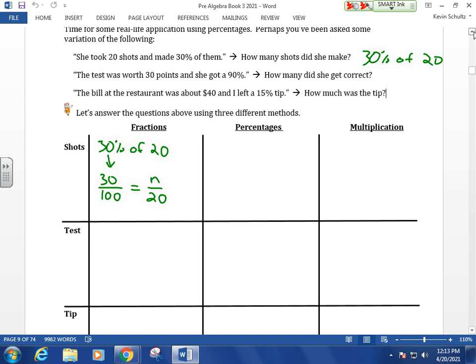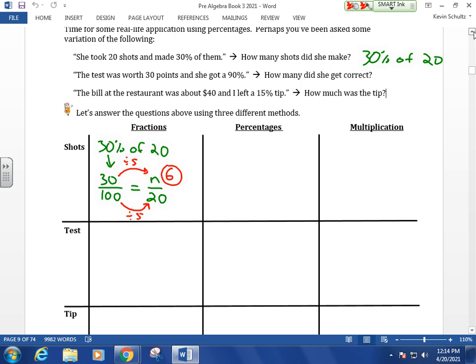And in this particular setup, we can use scale factor, we can use cross products, we can simplify a lot of different options here, but it's probably easiest, or most efficient, I should say, to see that the scale factor from 100 to 20 is to divide by 5. So we're going to divide 30 by 5 as well, and 30 divided by 5 gives us 6. She made 6 out of her 20 shots, which is equal to 30%.